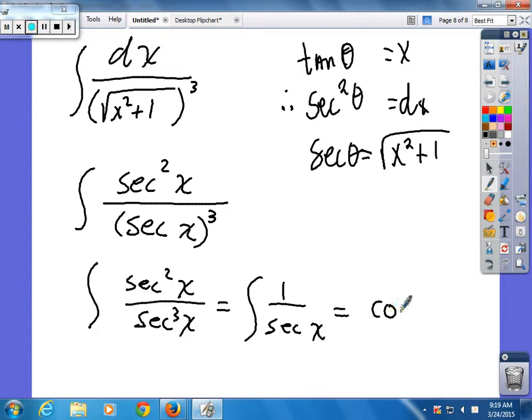Cosine. So the antiderivative of cosine is what? Sine. Sine of x plus c.